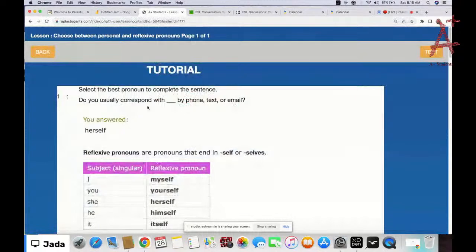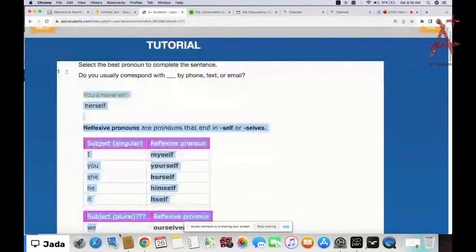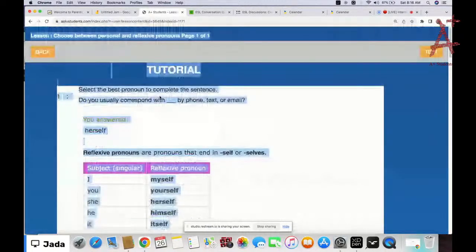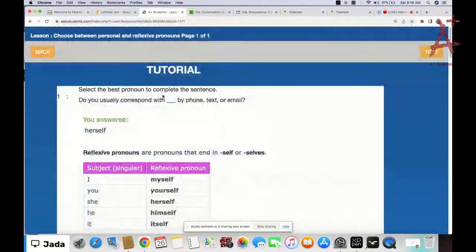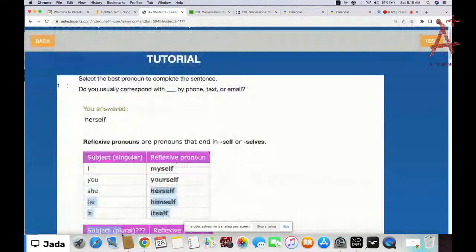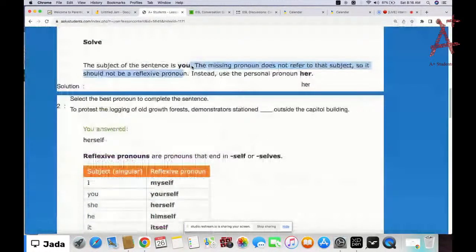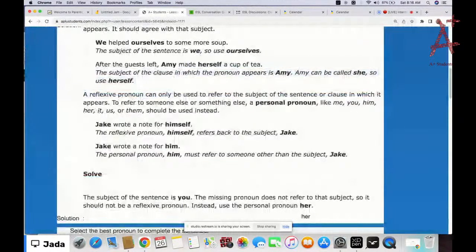"Do you usually respond with dash by phone, text, or email?" Okay, so do you usually respond with "yourselves" or what? The subject of the sentence is "you." Because it is "you," the missing pronoun does not refer to that subject.